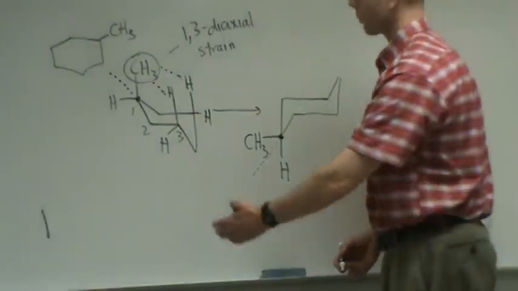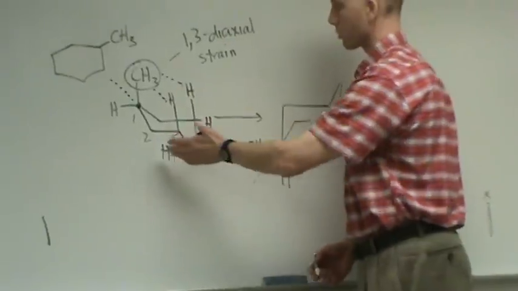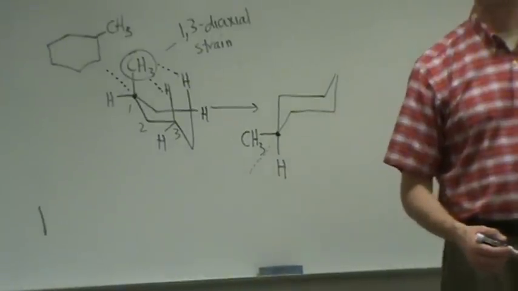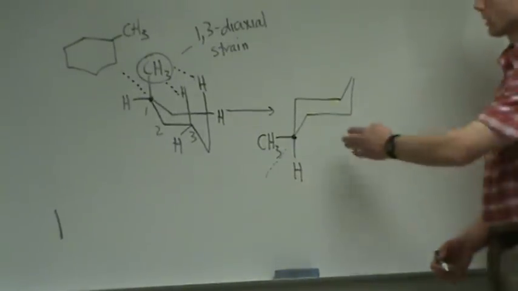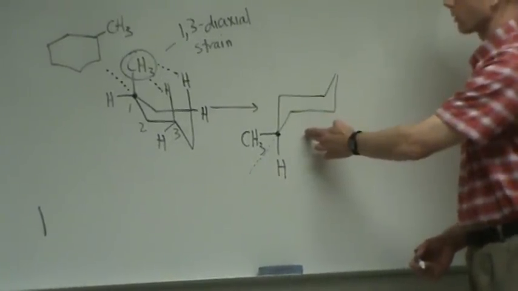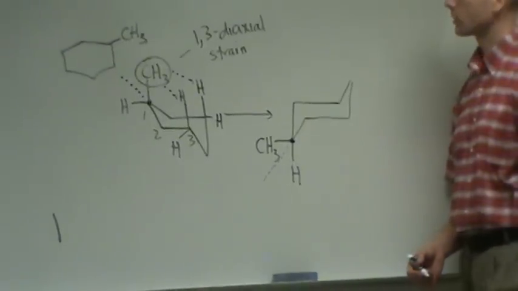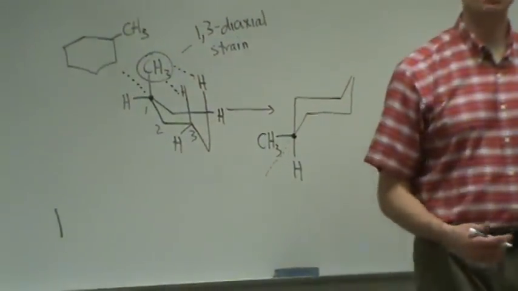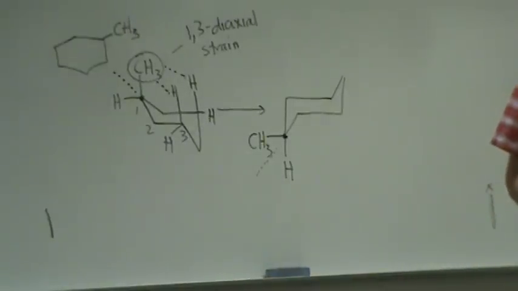So which chair conformation would you predict to be the more stable conformation? This one here, where the equatorial is, or this one here, where the axial is? Which one would be more stable? Second one.